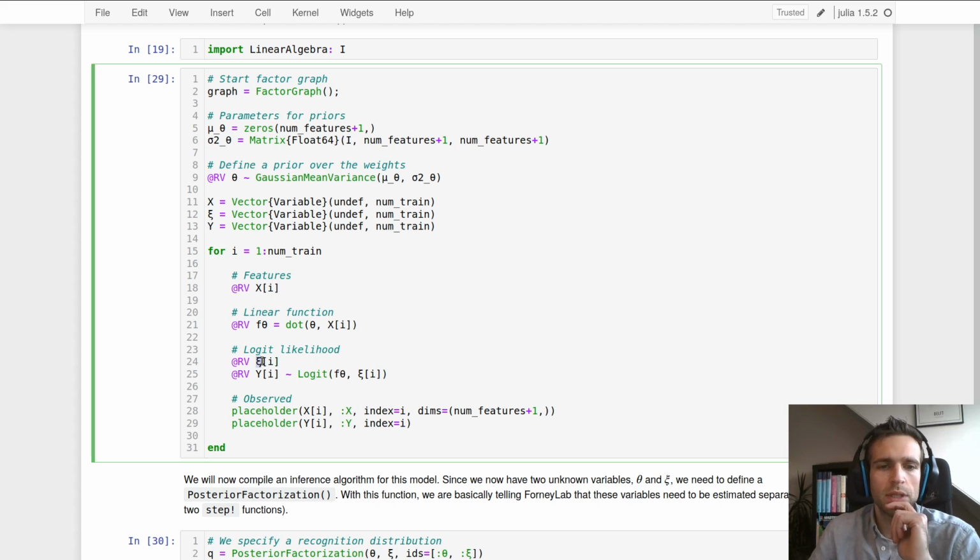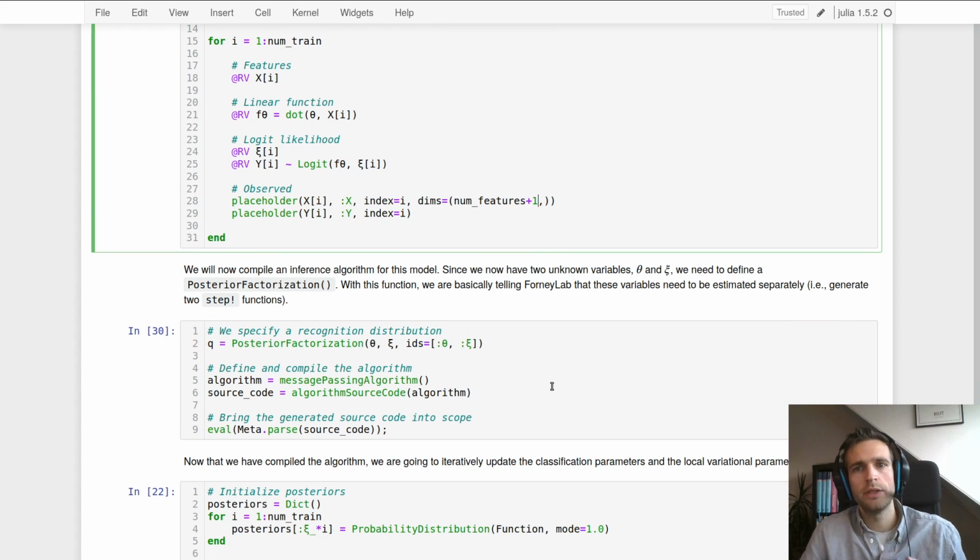So we have this local variational parameter chi i here, and then we have the logit node with f of theta, this linear function, as its first argument, and then this local variational parameter as its second argument. And we are, similarly as before, indicating that xi and yi are observed, and that x has the number of features as 7 plus 1 for an intercept parameter.